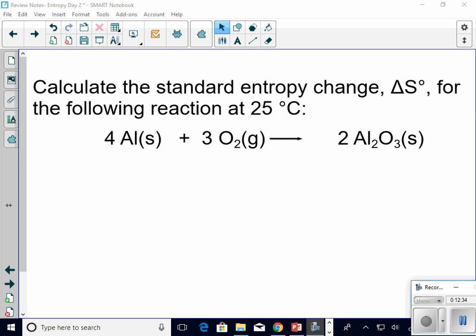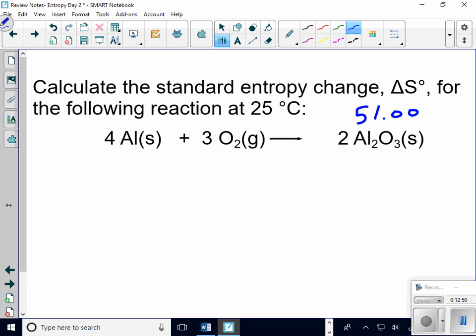So what I need to do is read my values on my data table. What I usually do for these is I just put those values right above them. So I look at aluminum oxide as a solid, and I got 51.00. Would you agree? Find that on your data table. We're on the entropy column, the S column, which is the 3rd one, right? That's another place where people get stuff wrong.